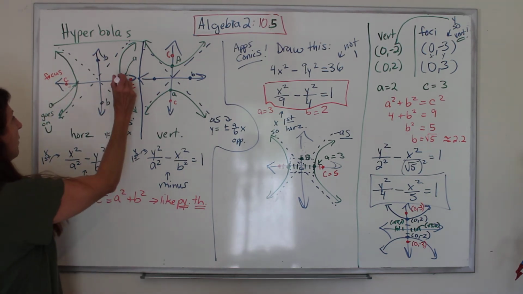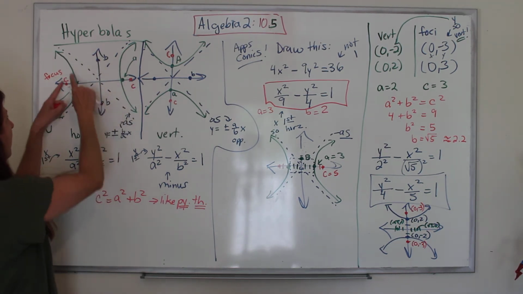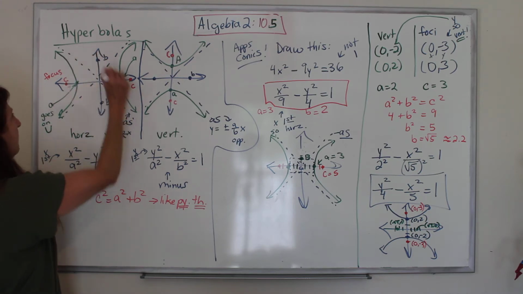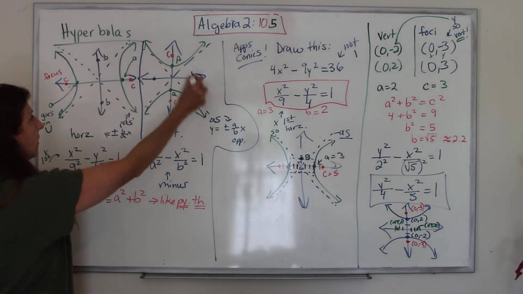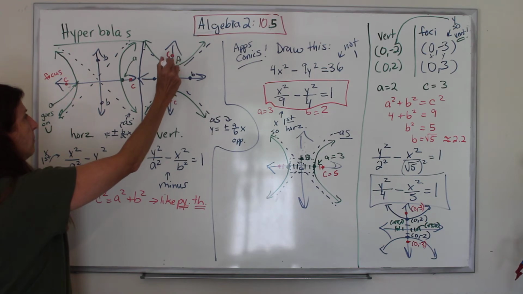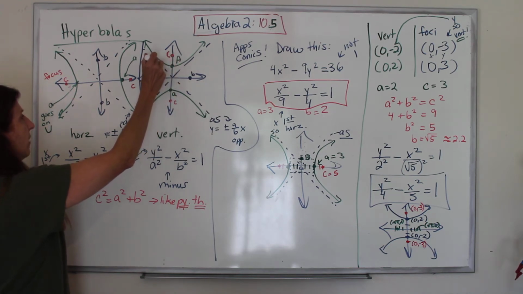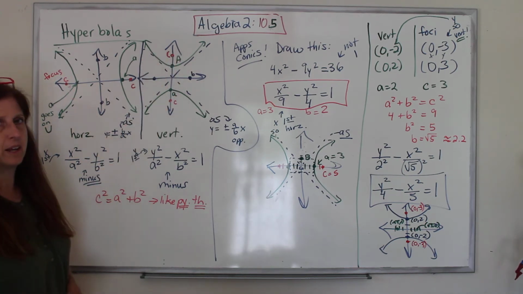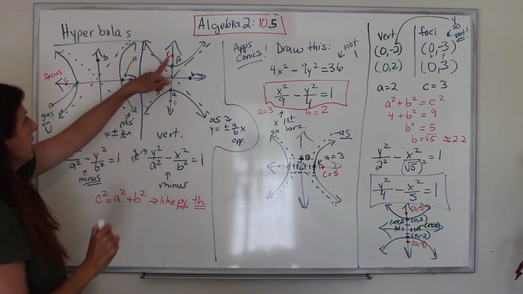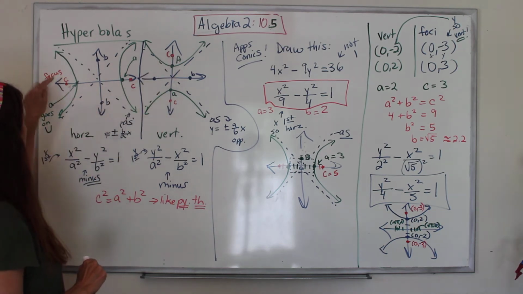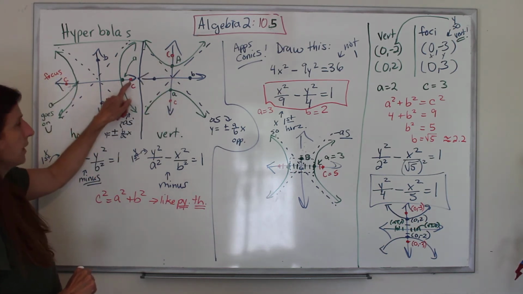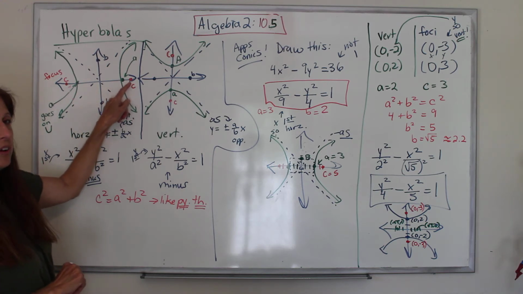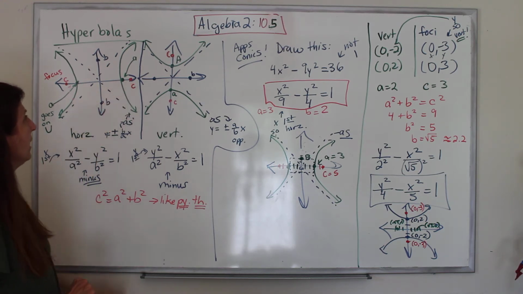So here we'd go out, and these are your B's, those are your A's, and it kind of makes a box there. You just go from the vertex over to the asymptote and down. Of course mine are not drawn very well. And then the C's are the foci. Each one is a focus, plural is foci.